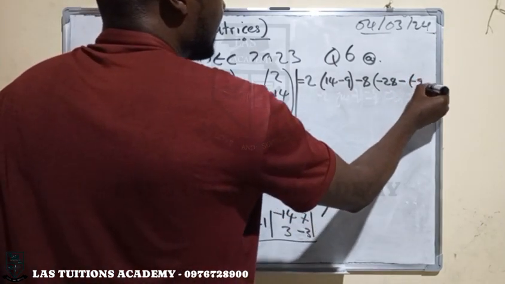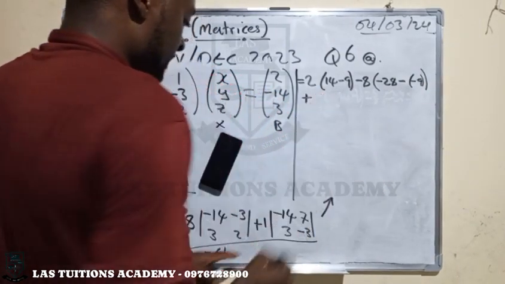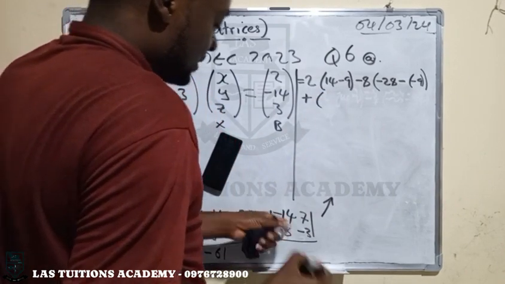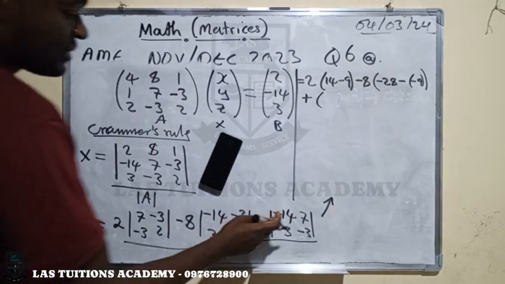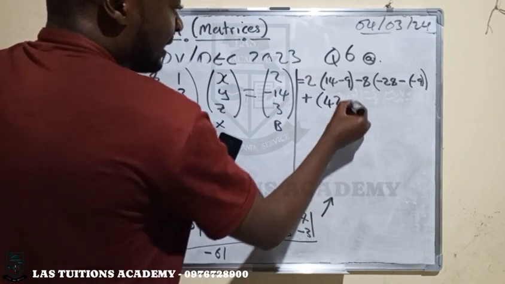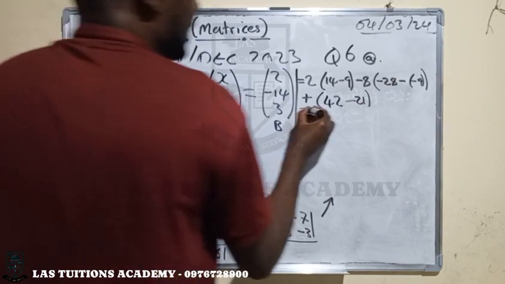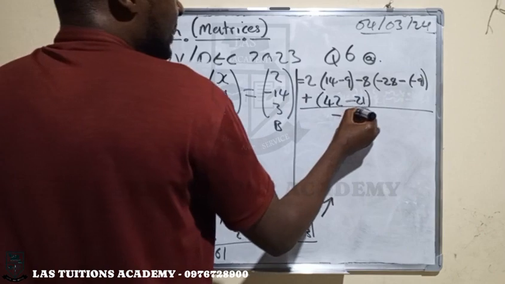Then plus 1. So negative 14 times negative 3, we get 42, minus 7 times 3, that is 21. My board is small, that's why I've put this one down here, over minus 61.